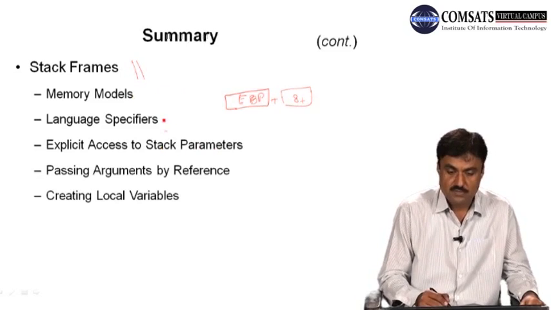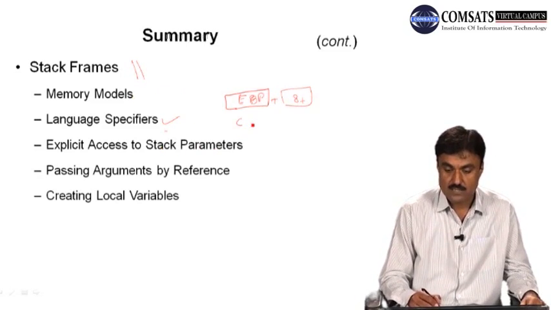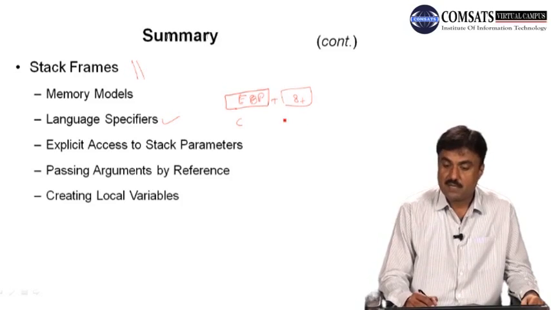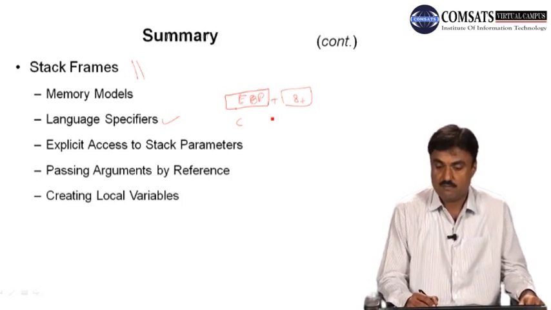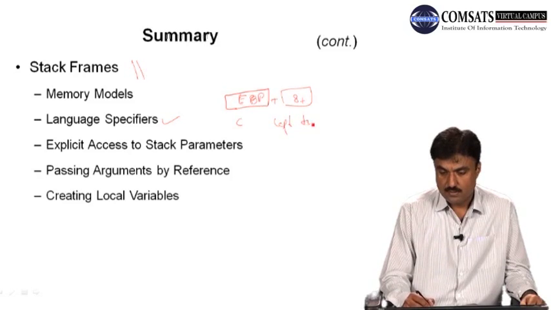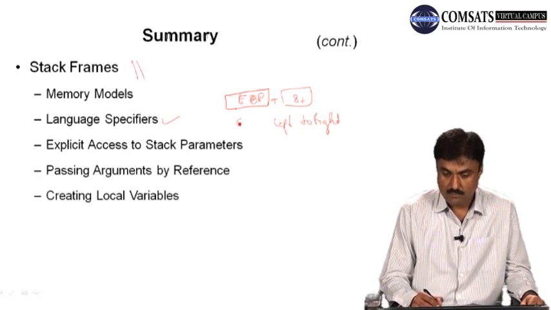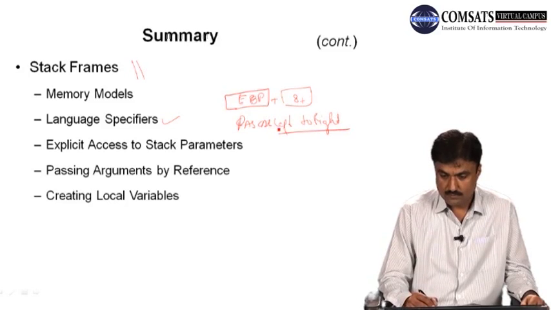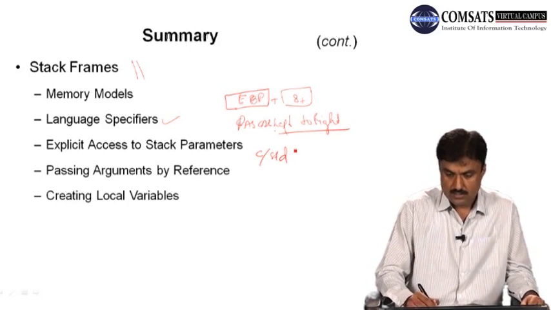Then language specifiers, we use C, Pascal, and so on. So how naming conventions and parameter conventions are used. They store parameters either from left to right, like Pascal which uses the forward order, and C or stdcall which uses the reverse order.